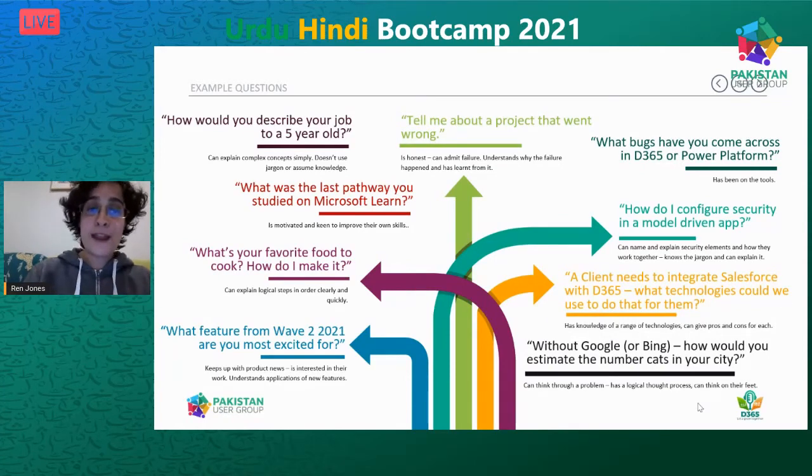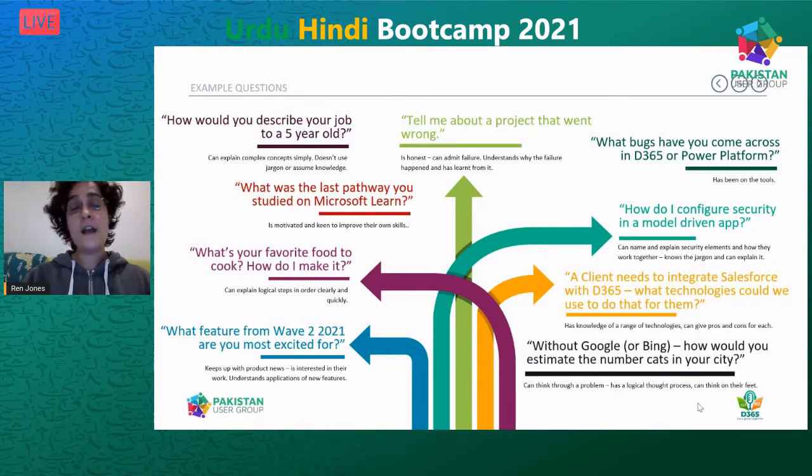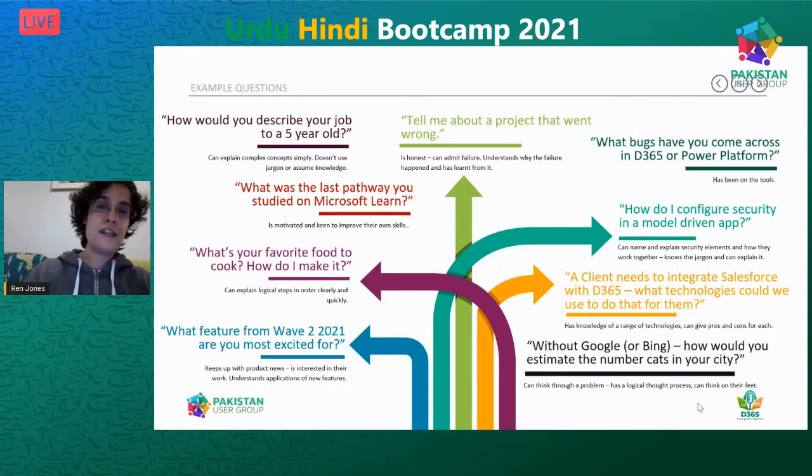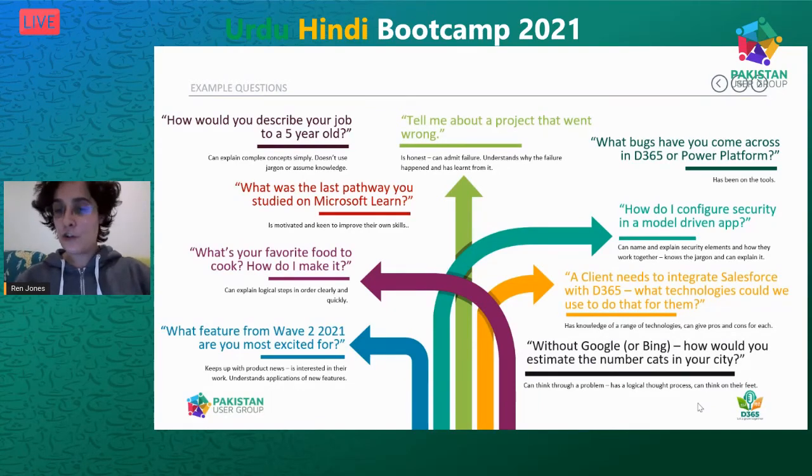I've put Wave 2 2021 in there because that's something that's come out fairly recently, but you could just as easily swap this for what's something at Microsoft Build or Inspire that you're interested in, or what have you seen on a blog, or who do you follow on social media? What you're looking for here is to check that the candidate's actually interested in the technology and they're keeping up with new developments.